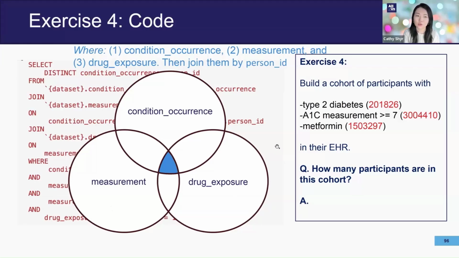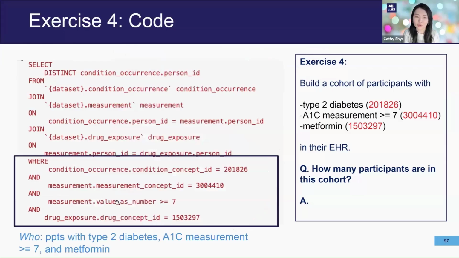Okay, so that was the where. Now for the third part, we want to specify who the participants of interest are. So we want participants with type 2 diabetes, and we want to specify condition occurrence dot condition concept ID equals 201826.